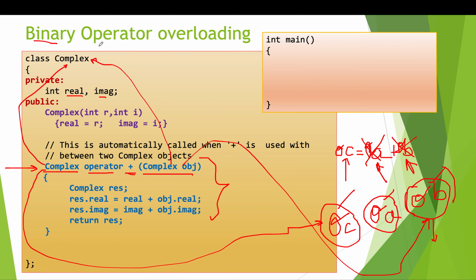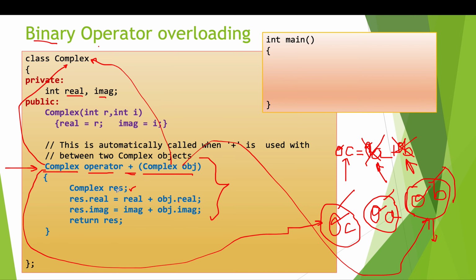Now we'll see the definition of the function. The definition says Complex operator plus Complex obj. Inside this, we need to return an object of class Complex, so the first thing we do is initialize one object, which ultimately we are going to return.